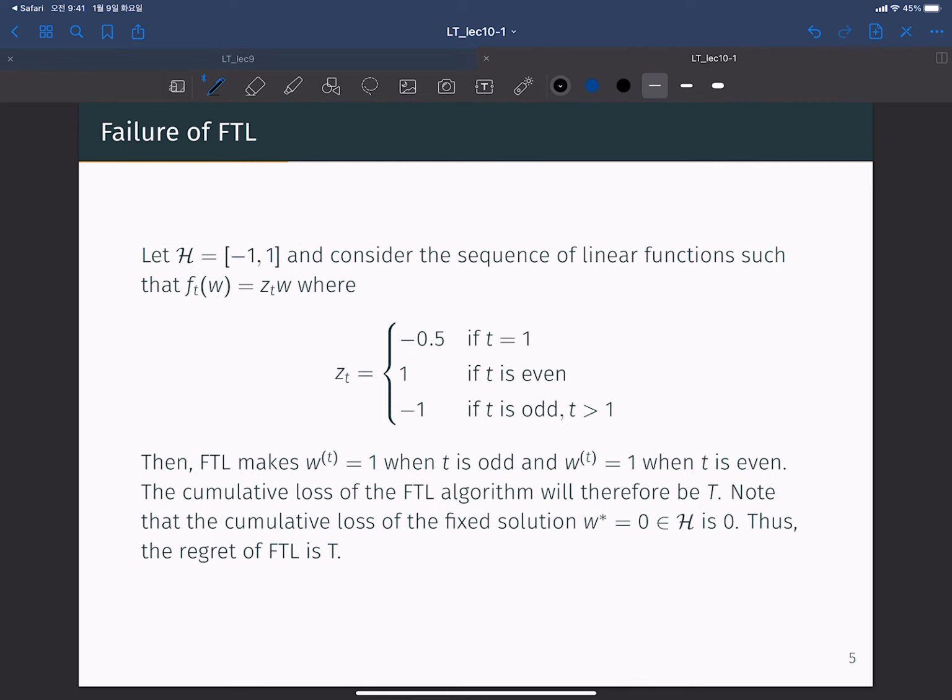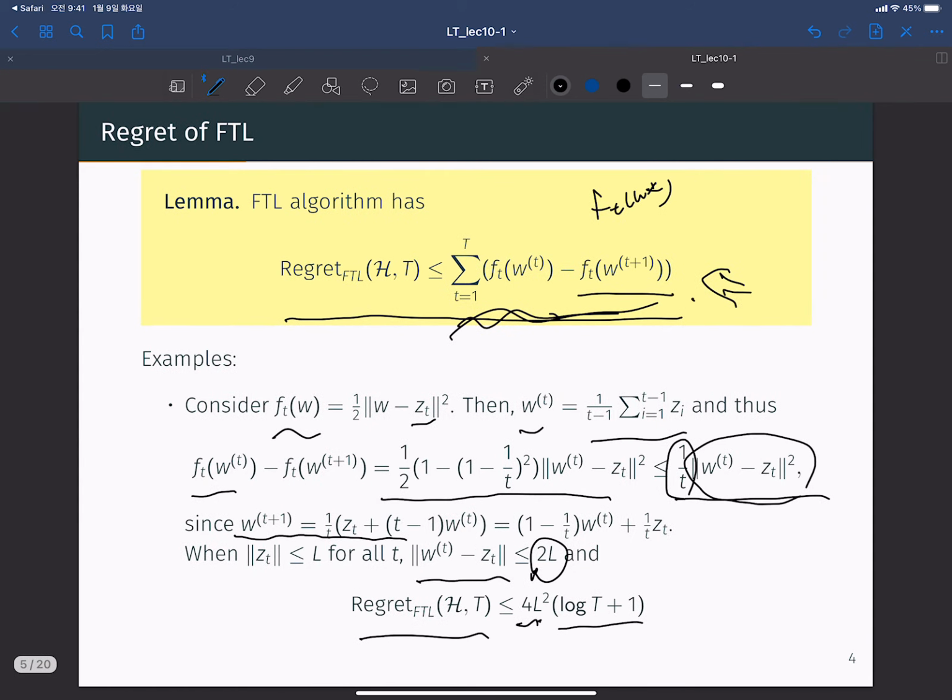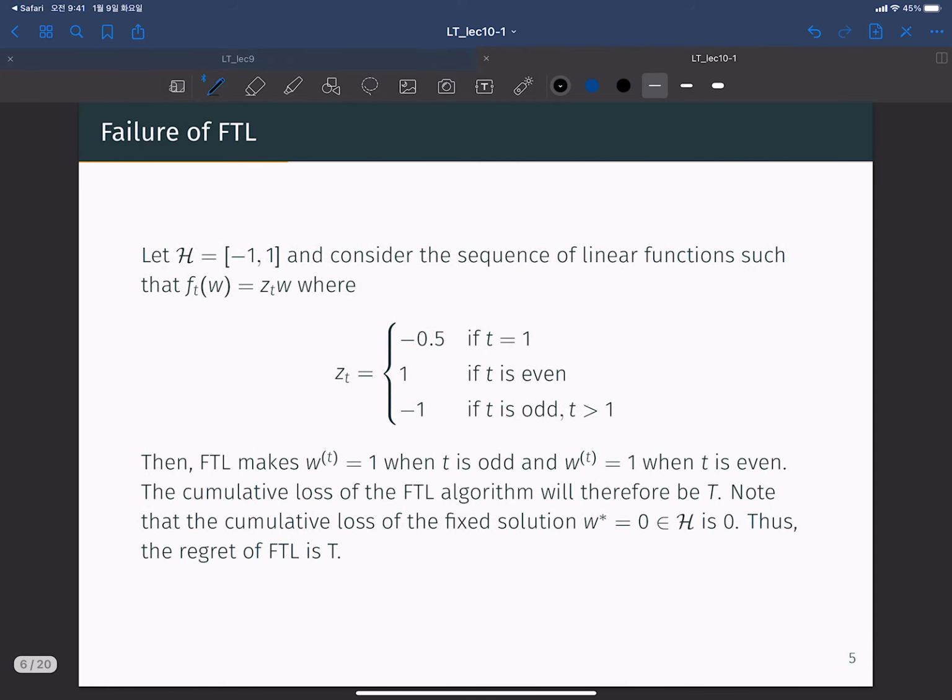But follow the leader is not always a good algorithm. Okay, this is good for the mean squared error or L2 loss form, but there are some counterexamples that show FTL can fail, totally screwed up.